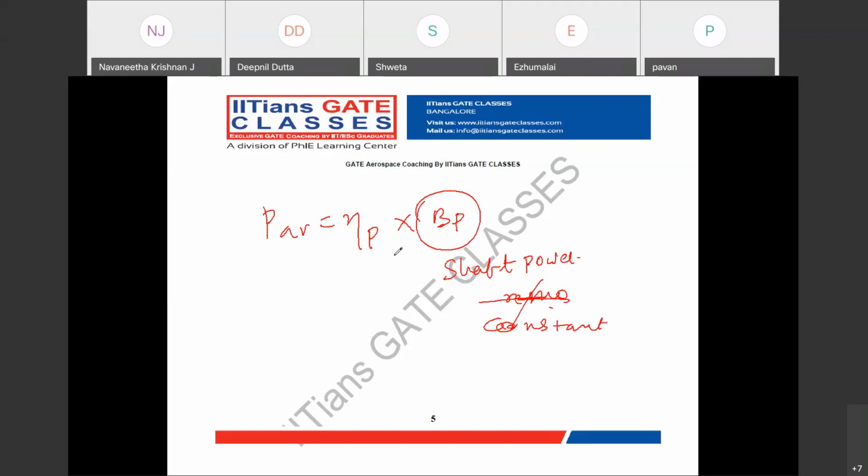But as velocity increases, the efficiency of the propeller alone increases. That is, brake power is independent of the forward speed of the airplane.